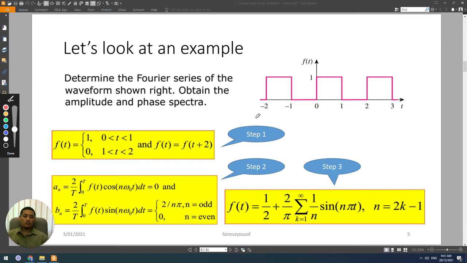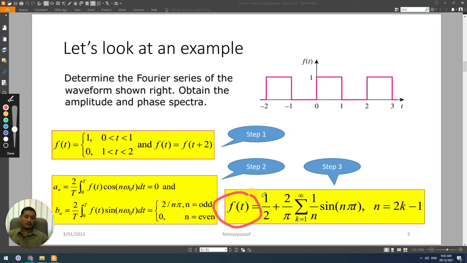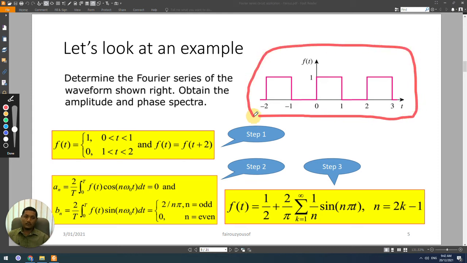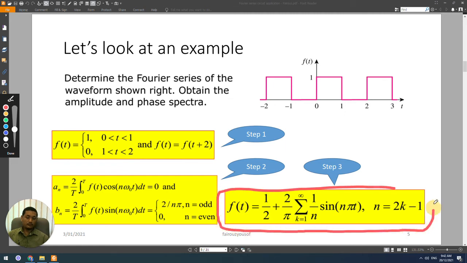So the first step is we have to represent this excitation as a Fourier series f(t) here, because we cannot do analysis on the circuit if we only have the waveform. The waveform must be represented in Fourier series, in a mathematical equation like this.